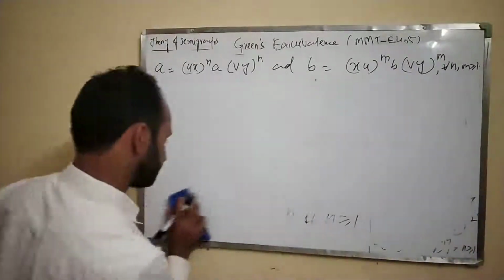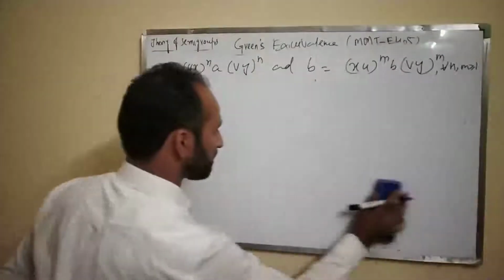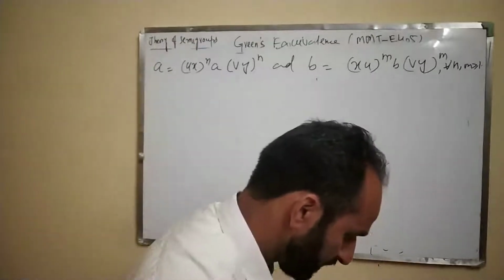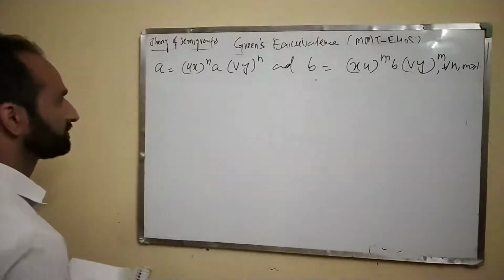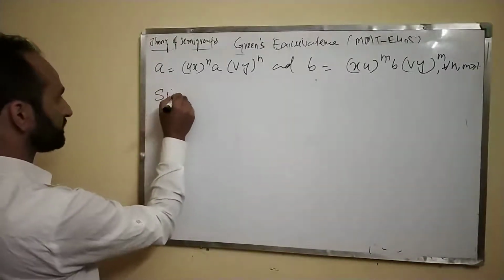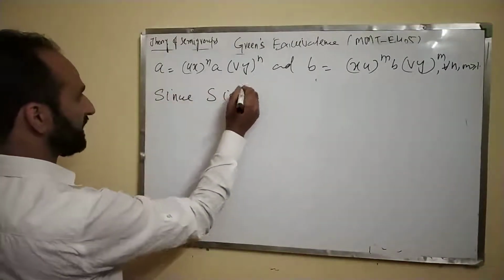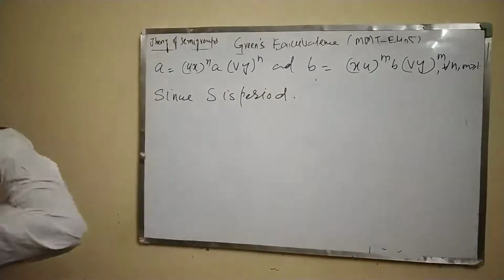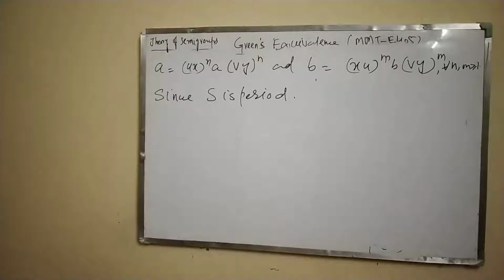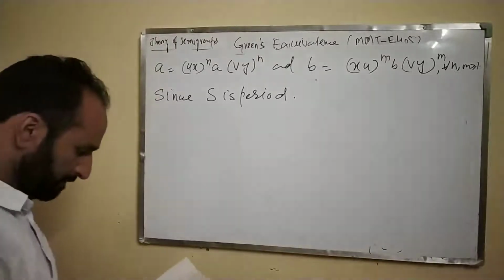Now let's use these two equations. Since S is periodic, that means for each A in S, there is some natural number n such that A power n is an idempotent.